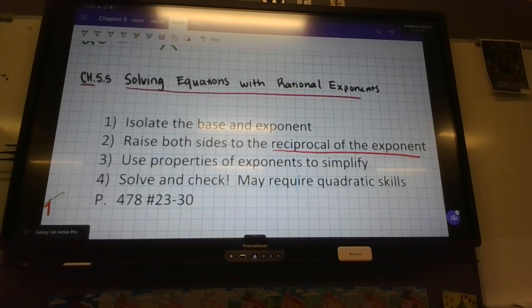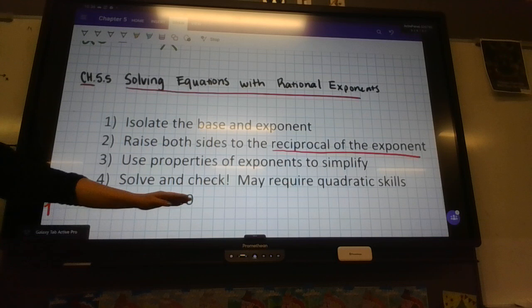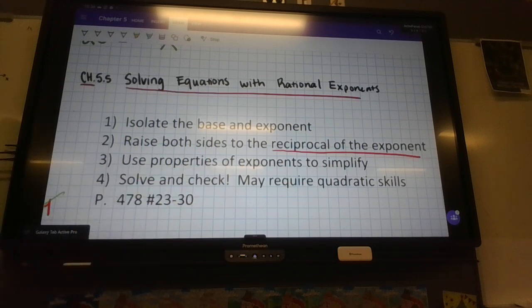I don't believe you've ever done that in a math problem ever. You've never done the reciprocal of an exponent. So that's brand new practice for you. Use properties of exponents to simplify. Solve and check. Right here, this may require quadratic skills. So students aren't getting stuck at the exponent part. They're getting stuck at factoring. You're going to have to factor here in some of these. Always check.